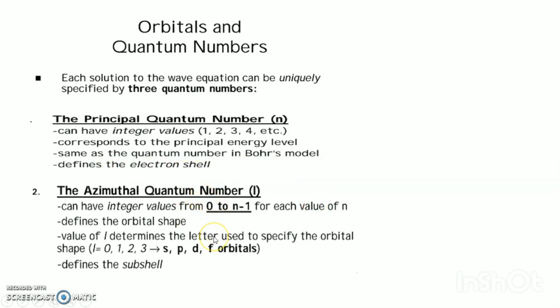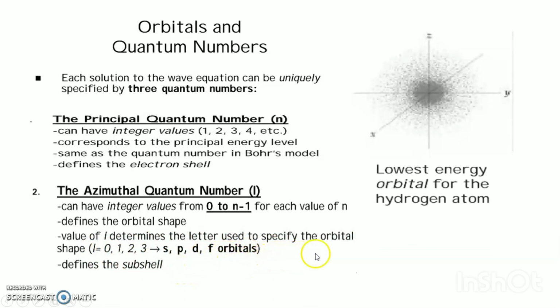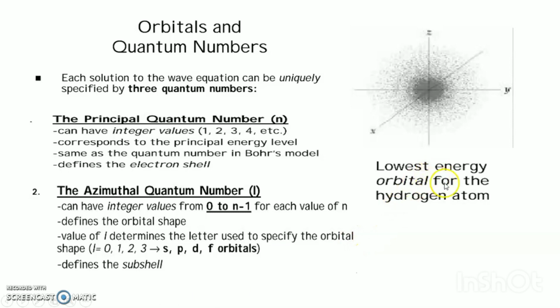The azimuthal quantum number L can have integer values of 0 to n minus 1. Each value of n defines the orbital shape, and the value of L determines the letter used to specify the orbital shape. L equals 0, 1, 2, 3 gives s, p, d, f orbitals, which define the shape. Lowest energy orbitals for the hydrogen atom.